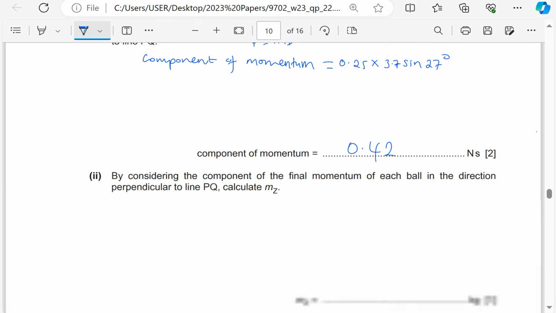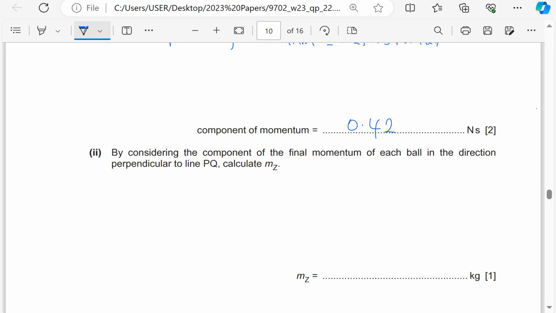By conservation of momentum, mz times 5.5 sine of 44 should be equal to the momentum upwards, which is 0.42. Because there was initially no momentum in the vertical, total momentum in the vertical should be 0. That's why I'm equating them. It is equal but opposite, which gives us 0.